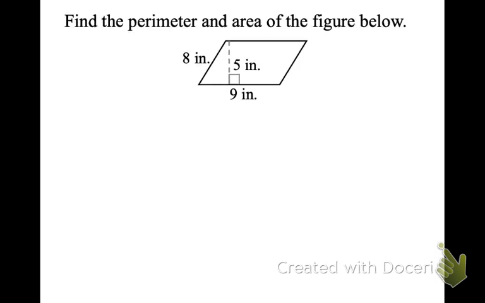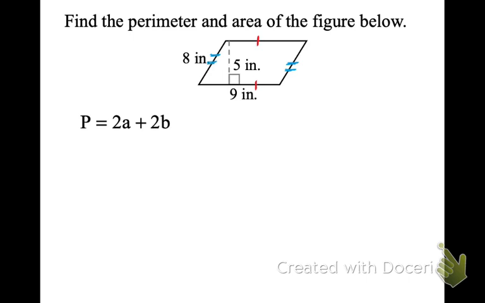All right, so let's try it. Now, remember, for our perimeter, we add up all the sides. Okay? So I've got two sides, right? If this is the parallelogram, remember, this side is the same distance as this side, and the short side is the same distance as the short side.